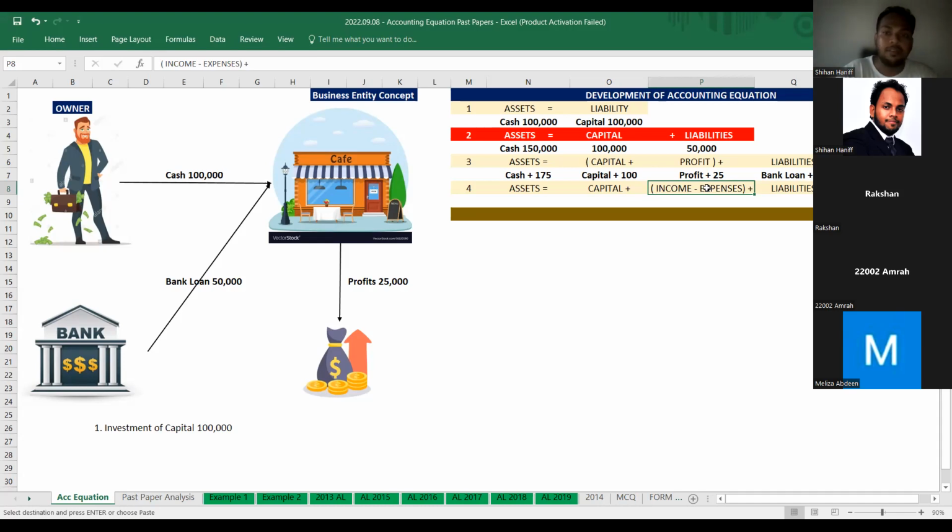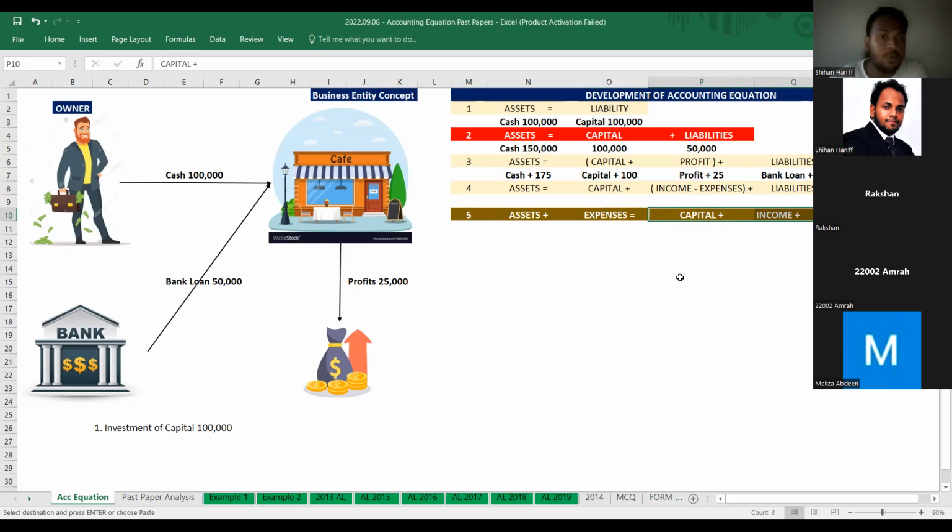Minus becomes plus when you change the sign. So another very important equation we can derive, number 5: assets plus expenses equals capital plus income plus liabilities.